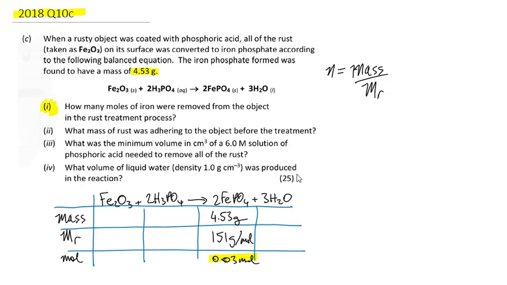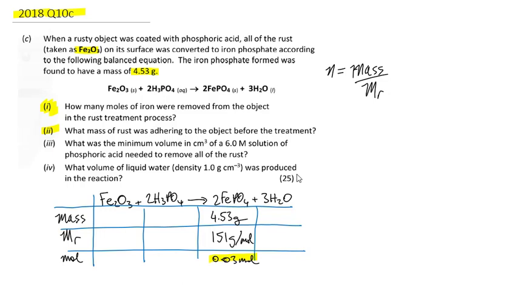Next question, we're looking at part 2. What mass of rust was adhering to the object before the treatment? We're told rust is Fe2O3, so it's this molecule that we're interested in. Now that we know the number of moles of iron phosphate, we can, relative to all the other substances in this chemical equation, work out the moles.